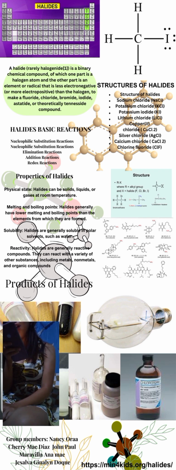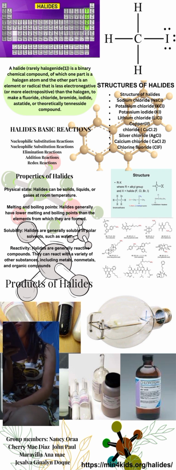reaction with metals. Halides can react with metals to form metal halides. For example, chlorine reacts with sodium to form sodium chloride or table salt. Reaction with hydrogen: halogens can react with hydrogen to form hydrogen halides. Hydrogen halides are strong acids.